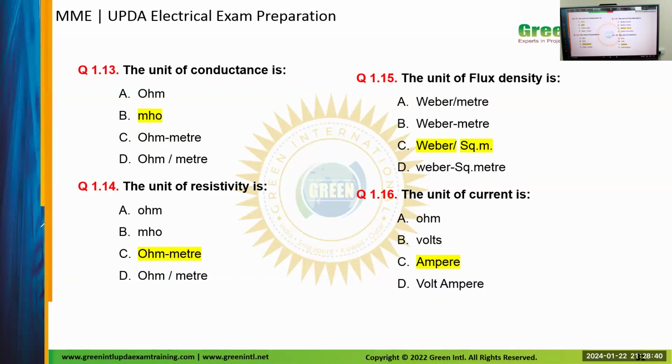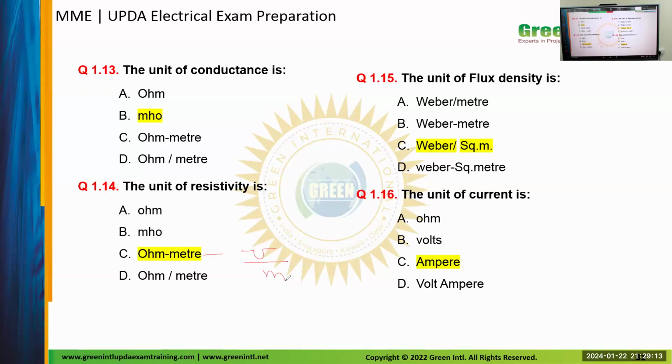R is equal to rho L by A, so rho is equal to R A divided by L. R is in ohm, area in meter square, length in meter. The meter cancels, giving ohm meter. Now conductivity is the reciprocal.